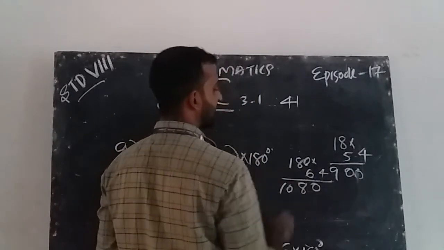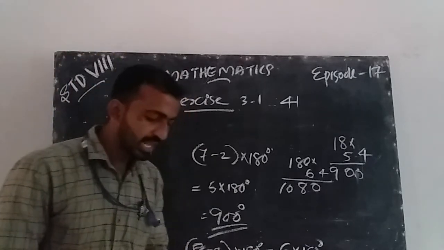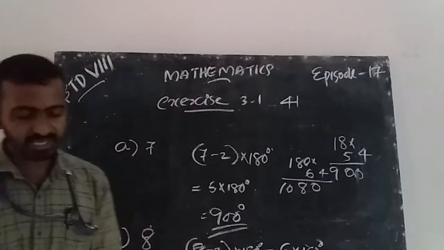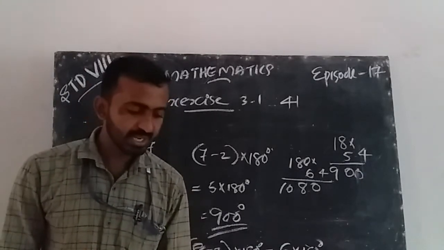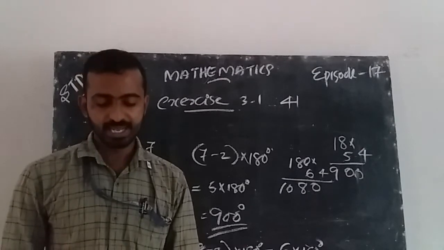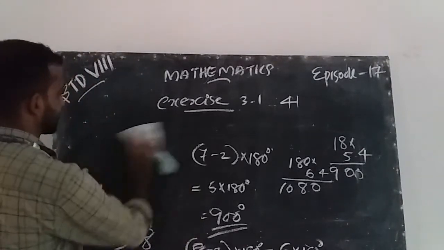That is 1080 degree. And at last, C is 10 sides. C part is 10 sides.